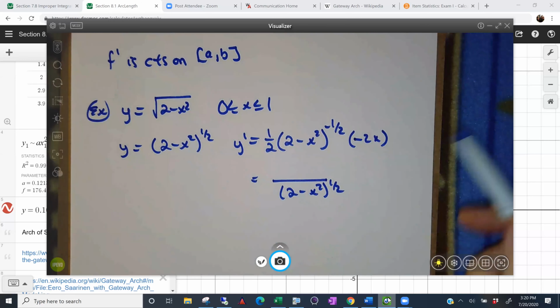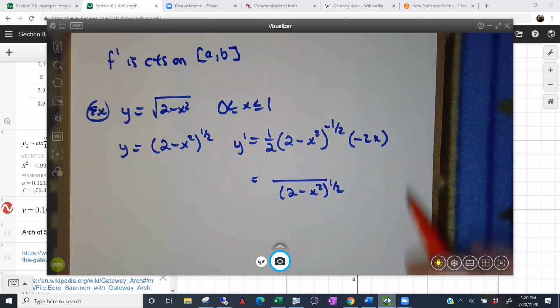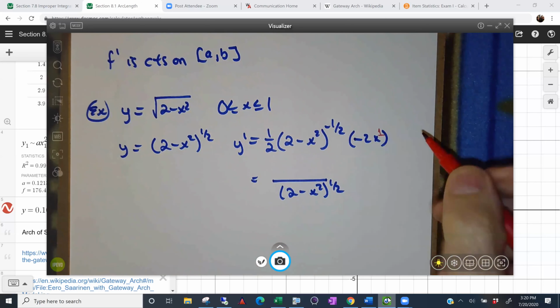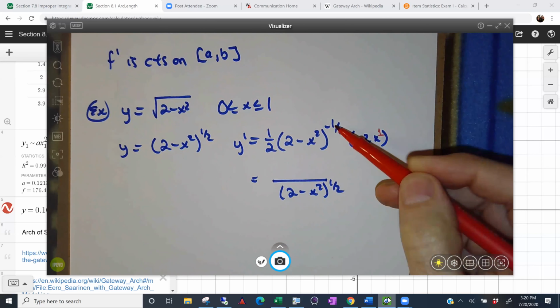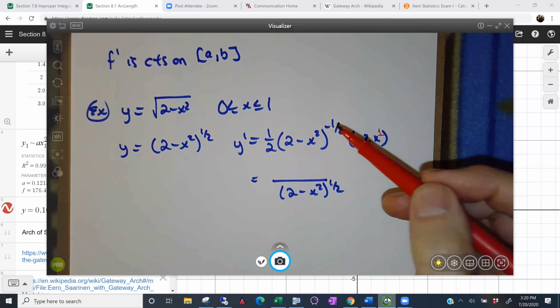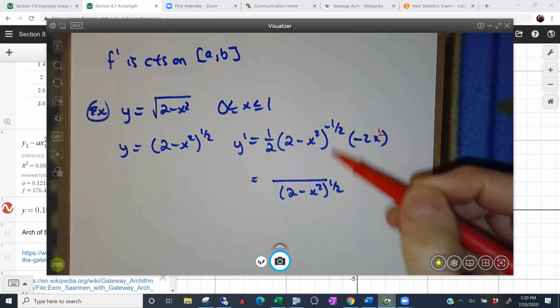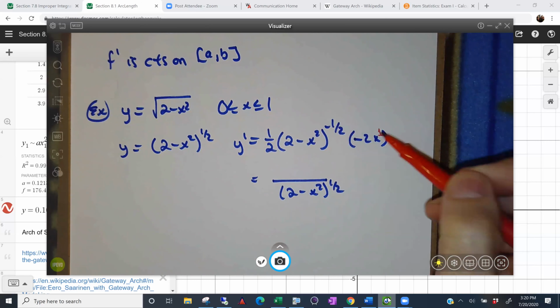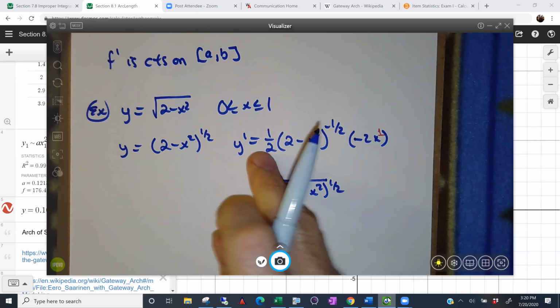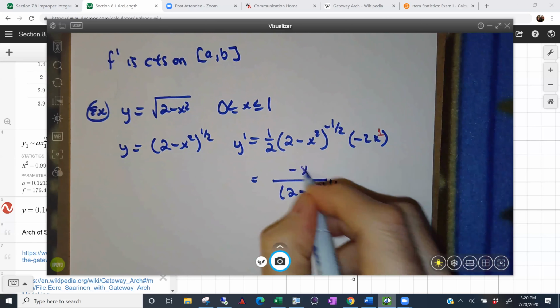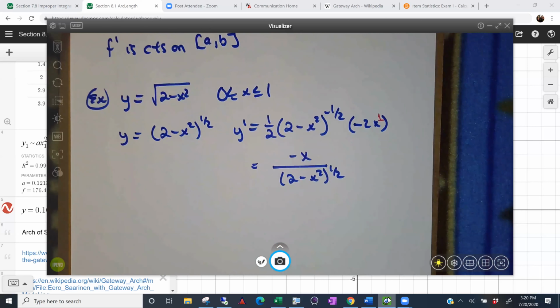Is it in the numerator or in the denominator? Since it's to the positive first power, it's not going to be moved down to the denominator. I move this to the denominator to get rid of the negative. Here, this stays up in the numerator. And like I said, the 2's are canceled. Negative, I'll leave that up in the numerator as well.